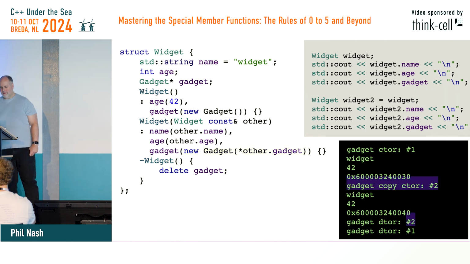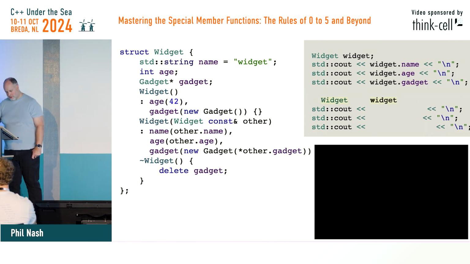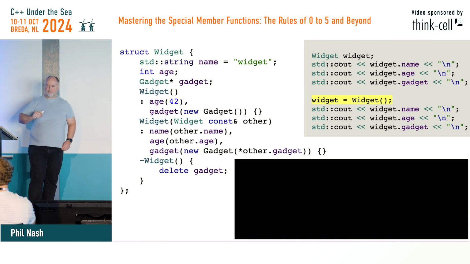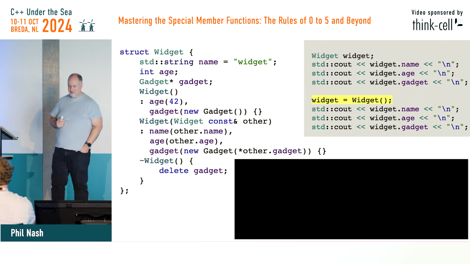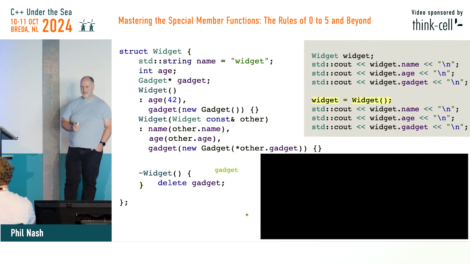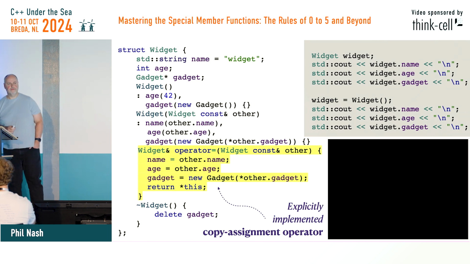Until, if instead of the copy constructor, we use assignment, so you have to switch the order around there. We're back to the double deletion, because now again we are copying the pointer value, not the object.